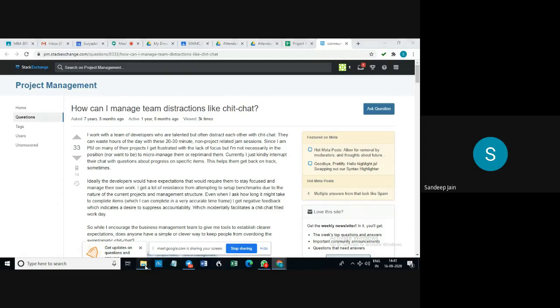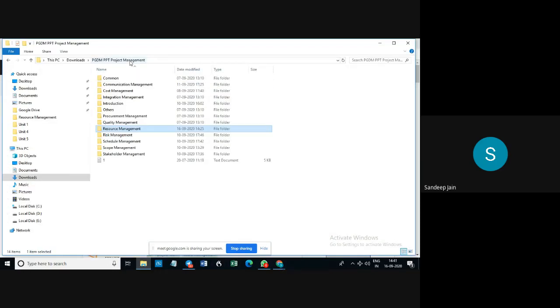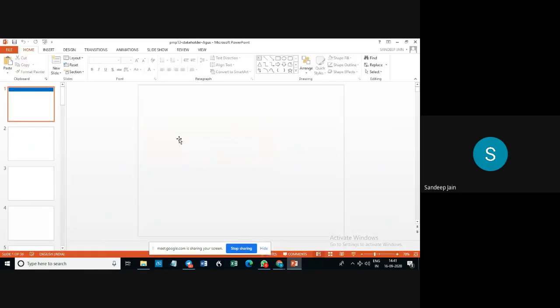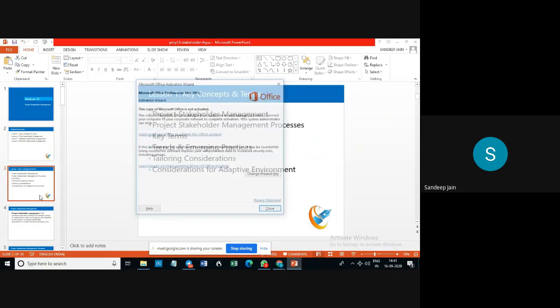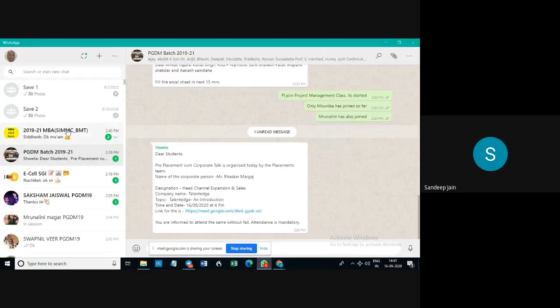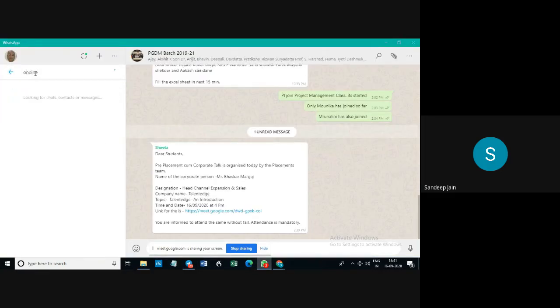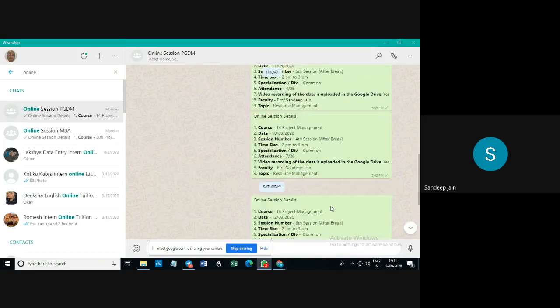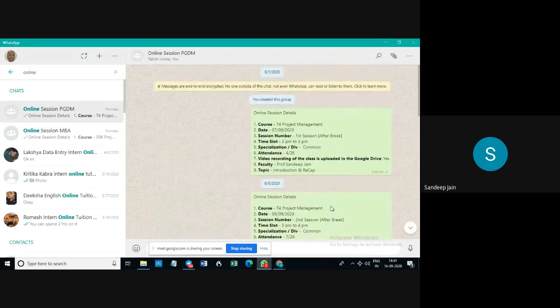Okay, so I have to start another topic now. Resource management we have done. We have done the introduction part earlier. We did the stakeholder also, right? Scope management we have done.